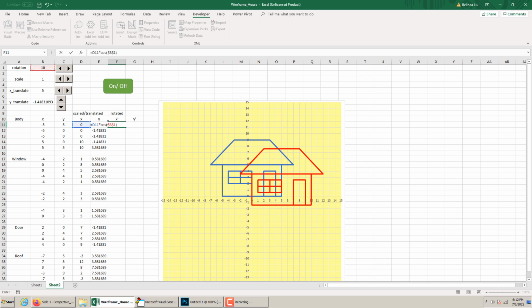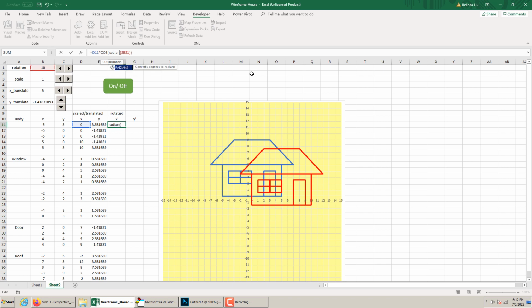Another thing I want to do is, these functions don't accept degrees, they accept radians. So the radians of that. Okay, so is radians a function?